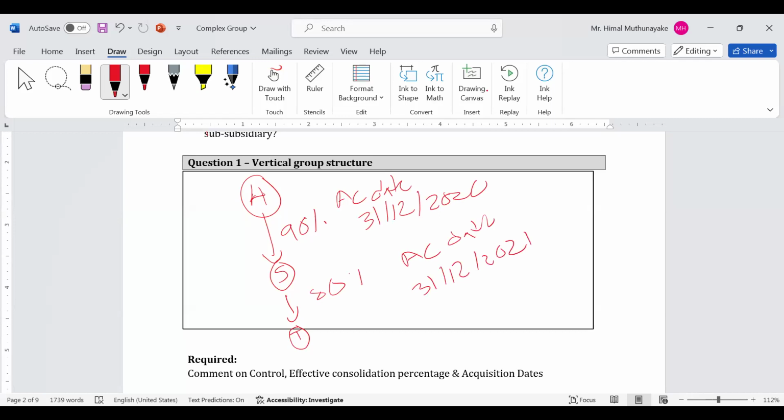So what you need to comment on is whether this company T is your subsidiary, whether you have the control, and the effective control and the acquisition date we are using.